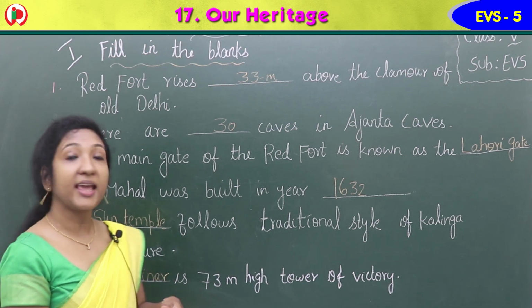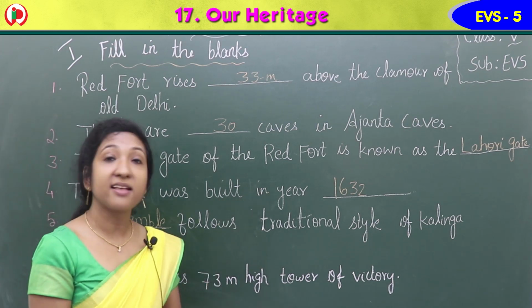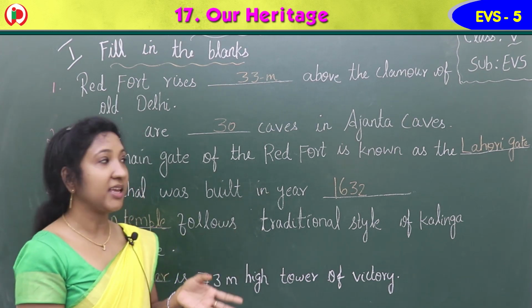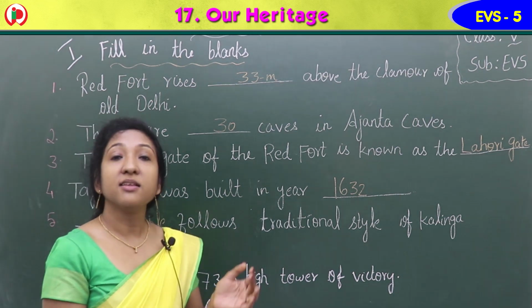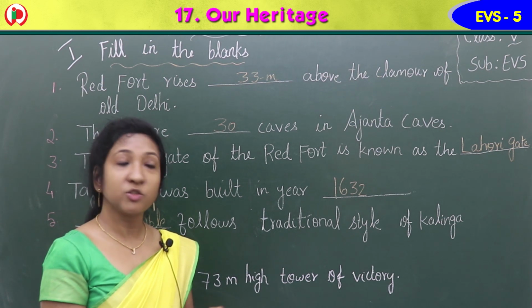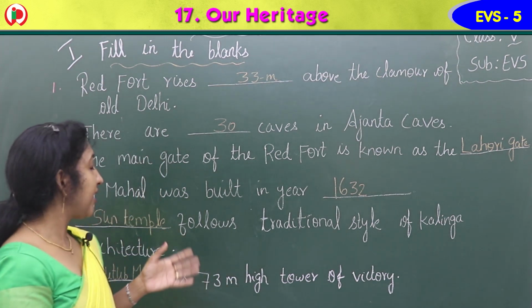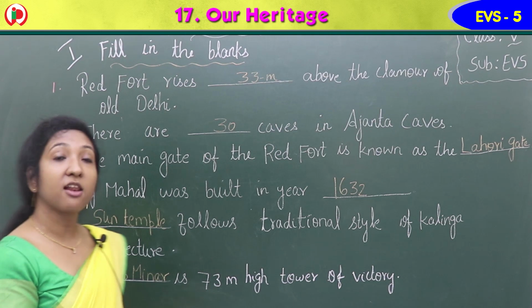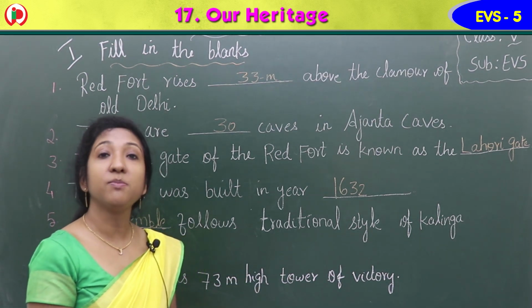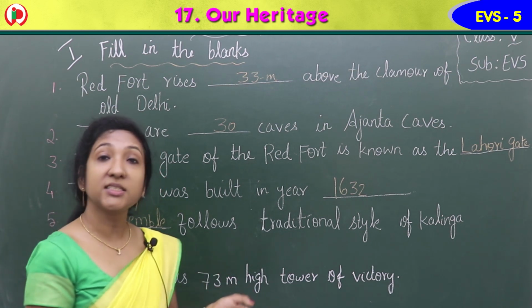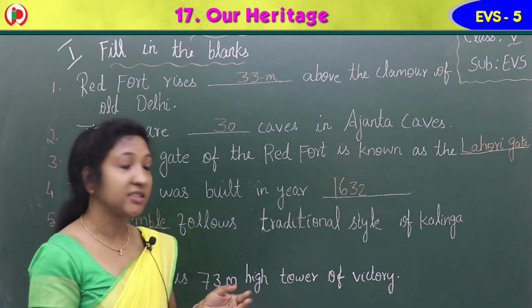Third one, the main gate of the Red Fort is known as the Lahori Gate. Then the fourth one, Taj Mahal was built in the year 1632. Now the fifth one, dash follows traditional style of Kalinga architecture. Sun Temple. Sun Temple follows traditional style of Kalinga architecture.